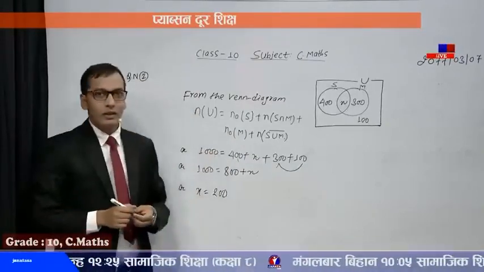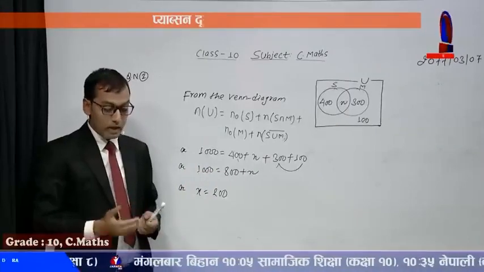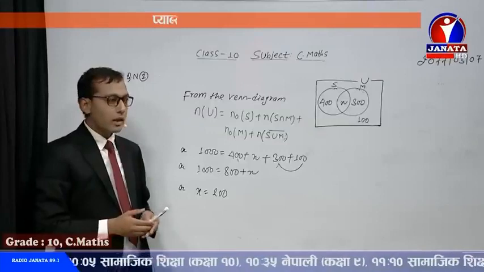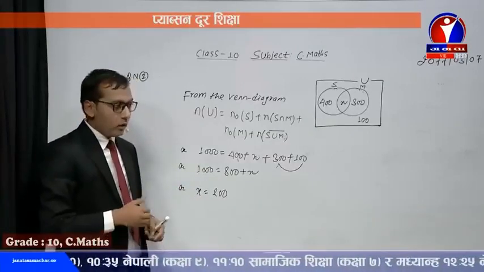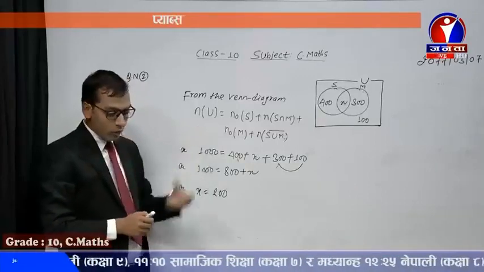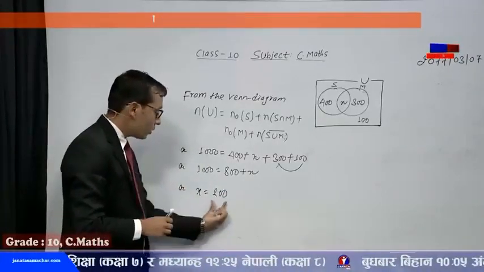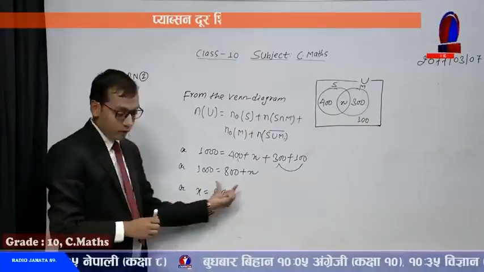Okay, so today I discussed two questions based on Venn diagrams, and the questions were based on finding the intersection of two subsets. In question number 2, how many of them failed in both science and mathematics? So we can conclude, therefore, 200 students failed in science and mathematics.